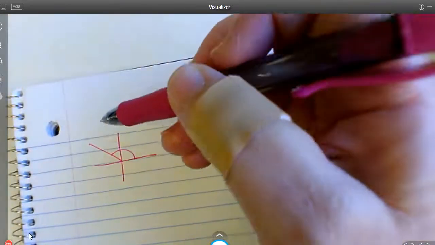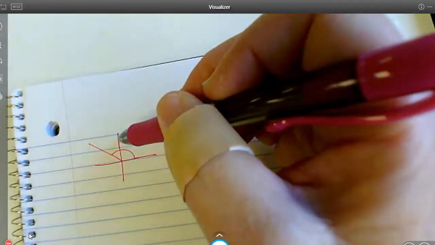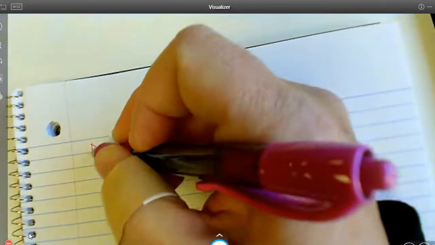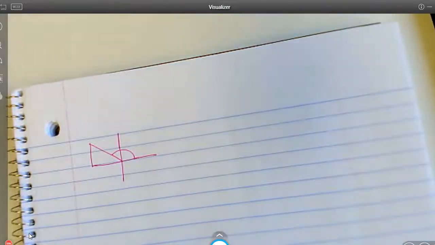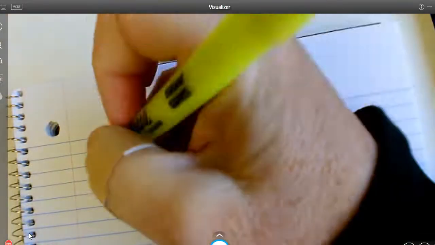And then you're going to make a triangle with the x-axis. When you make the triangle, you never go across with the triangle. You always go up or down. And the reference angle is the angle in the triangle with the x-axis. This angle right there is the reference angle that it's asking for.